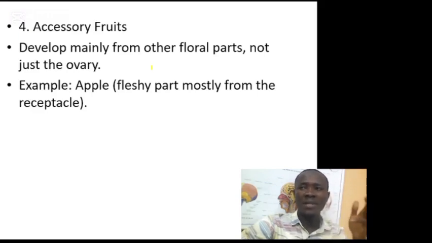It can be the receptacle, it can be any other part as long as the whole fruit is not coming from the ovary. It can come from the receptacle, it can come from any other part that is closer to the ovary. An example we have here is the apple: half of it is coming from the ovary, half of it is coming from the receptacle.